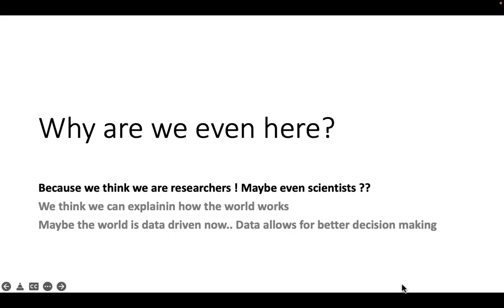Maybe we're interested in this lecture because we have understood that the world these days is driven by data, and data helps us make better decisions, and regression analysis is one way to actually analyze data.